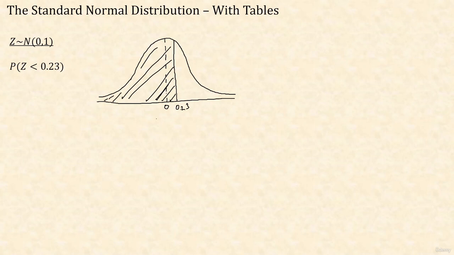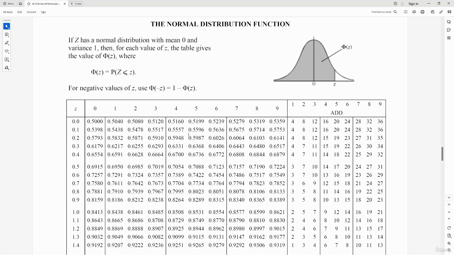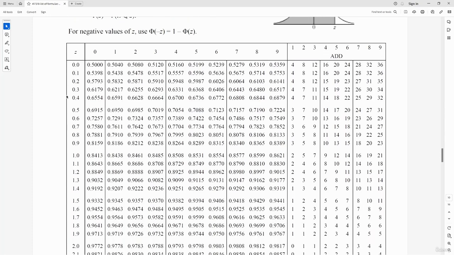So here's how we do this using tables. We're looking to find 0.23 in our table. So here's the table that you'll be given. And 0.23, where do we find that? Well, our first digit is 0, so 0.2. You get your first 2 digits in the left-hand column. We find 0.2.